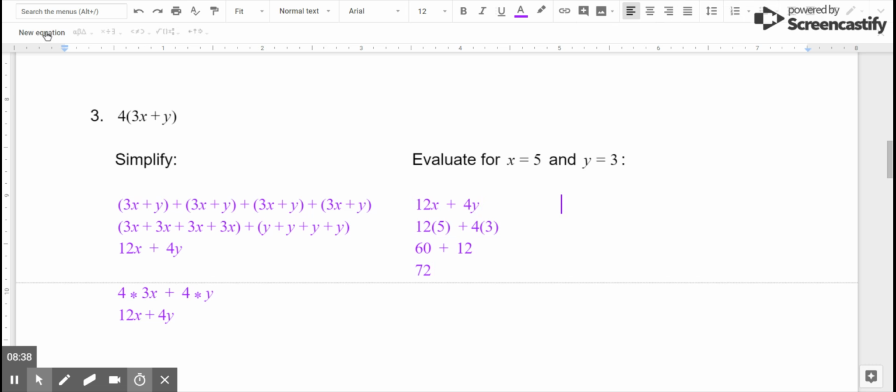Let's see how this compares to if I plug my values in beforehand. In this case, given the parentheses, it might actually be easier to plug your values in beforehand. You're starting with 4 times 3x plus y. If I did this correctly, I should also get 72 as my answer. So I'm taking 4 times 3 times 5 plus 3.